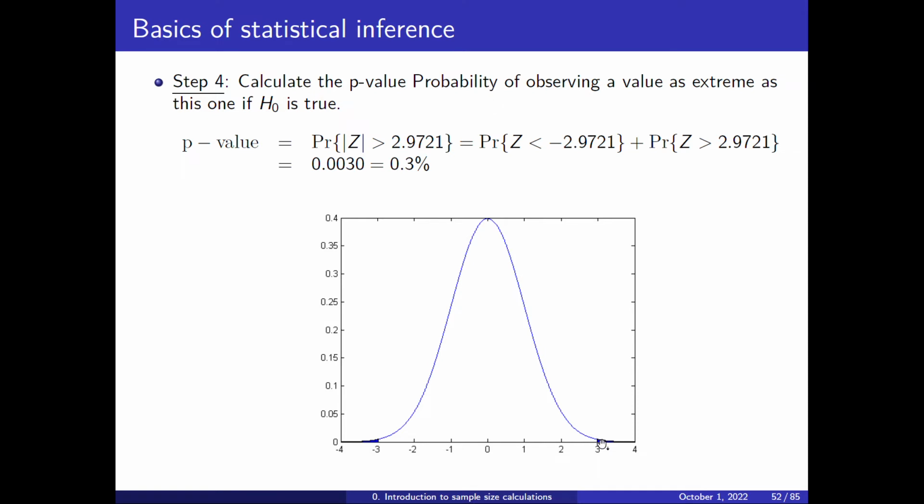I take the 2.97 to the right, this little blue area here. But it is just as extreme to have a deviation of 0.66 or more, or a negative deviation of 0.66 or less. So I have to look on both sides: 2.97 or more, or minus 2.97 or less. That is why we have two tails.